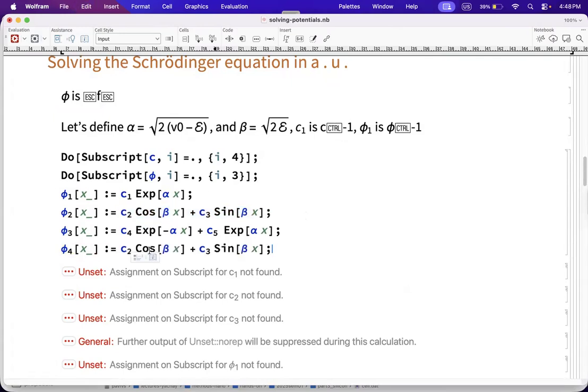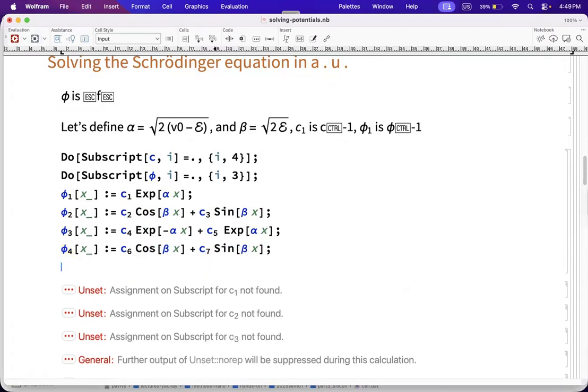I copy and paste it, and this is 6, this is 7. And finally phi 5 of x is equal to this. I'm going to copy this and change the sign here, so it will be C7, C8 of minus alpha x. And that's it.